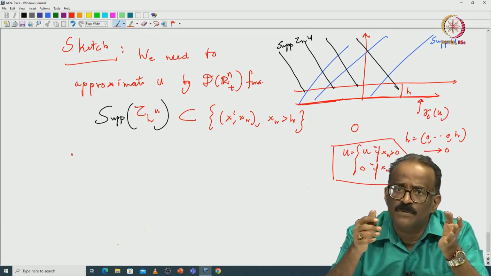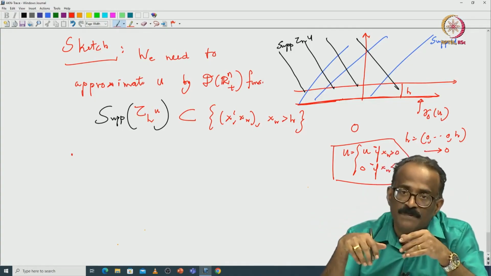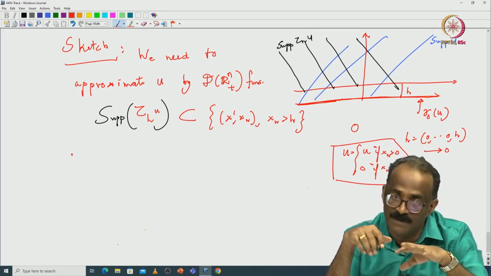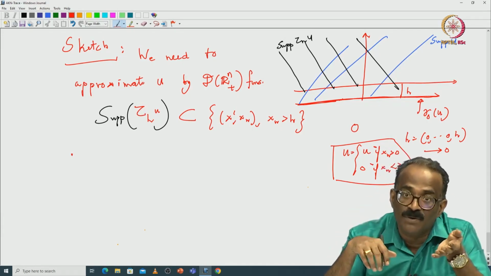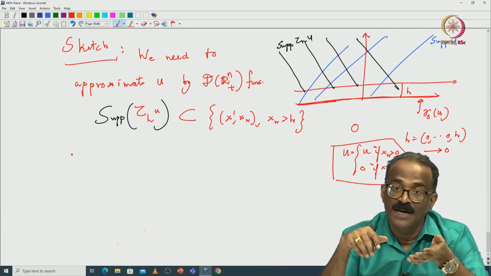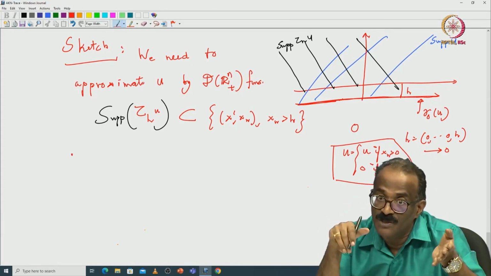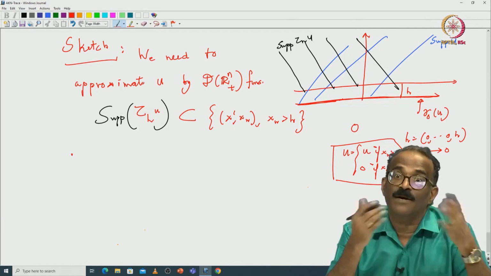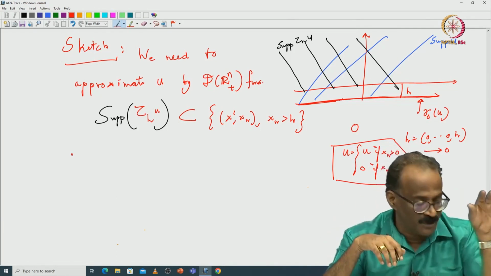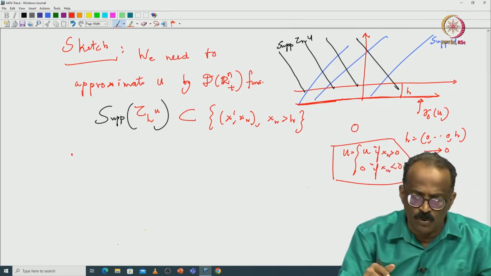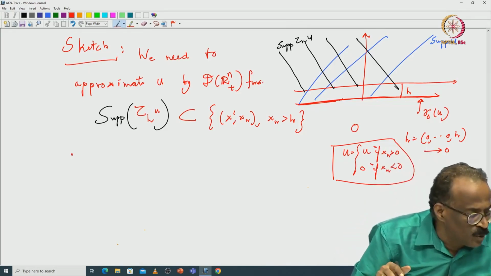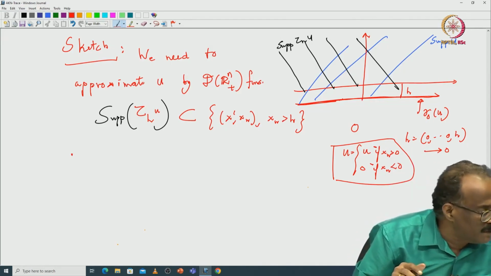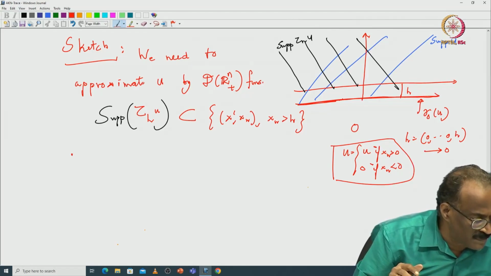To do these steps, first you show that tau h of u converges in L2, then the derivative D n of tau h of u converges, and then you use cutoff functions to make it compact support, and then you take your mollifiers and convolve with it to get a C infinity function. There are a few steps to be worked out for that.